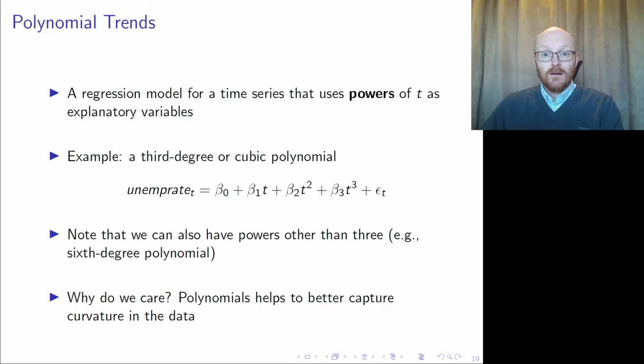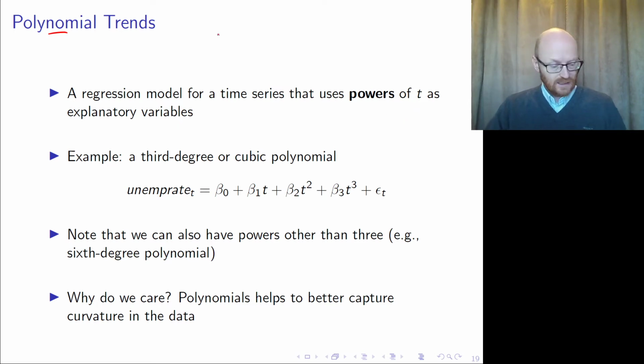So now we are going to use the first one. We are going to look at polynomial trends, and for example, we use powers of t, our t variable, the counting variable, remember, as explanatory variables.